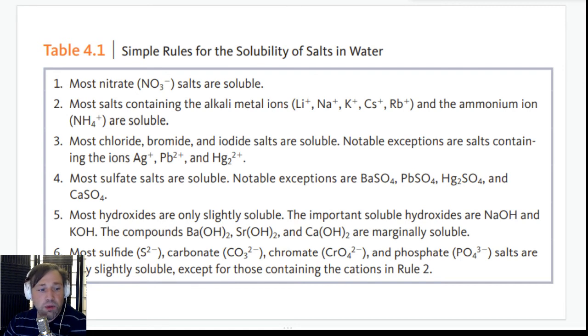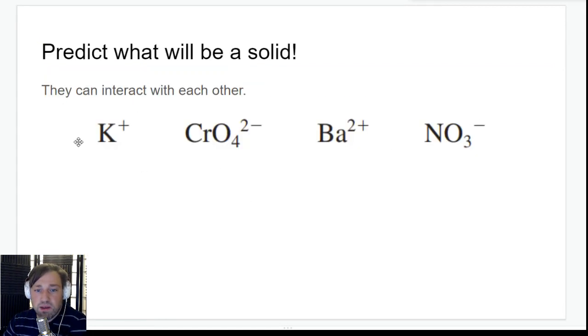So let's go back to this. We can now predict what those things are going to be. Let's see what your possible combinations are. Potassium can go with the chromate. No, that's not going to work because potassium is going to make it soluble. The barium and nitrate can be together. No, that's going to be soluble as well because the nitrate is going to make it soluble.